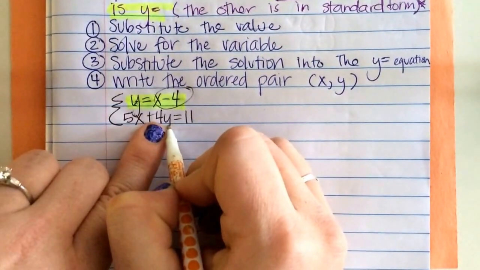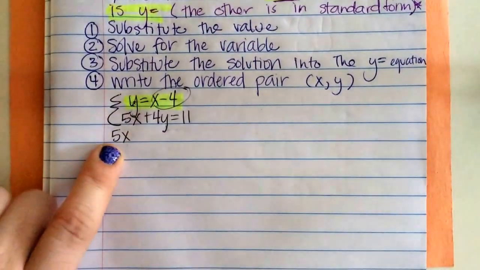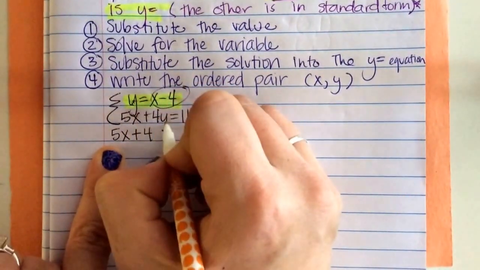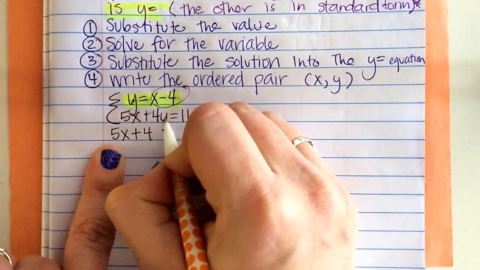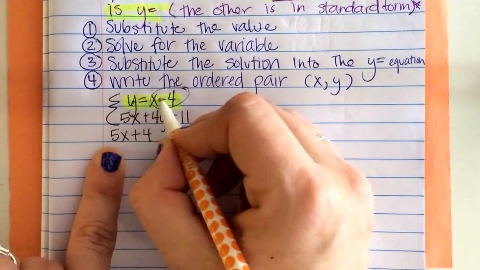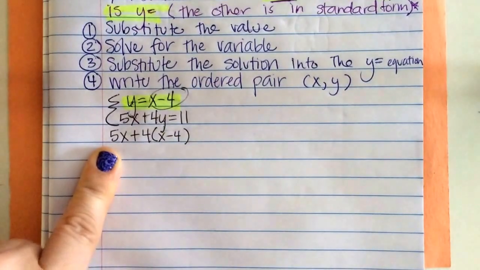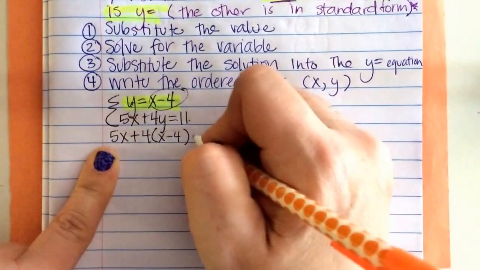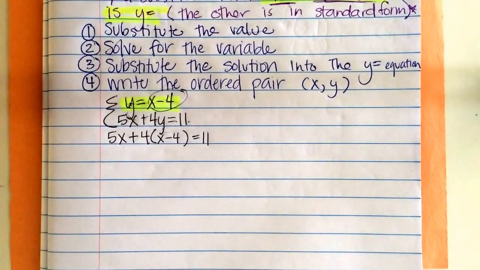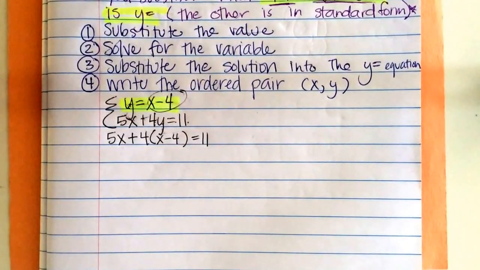So down here, 5x stays the same, plus 4. But instead of y, what did I put? x minus 4 equals 11. Instead of the variable y, we're putting x minus 4.